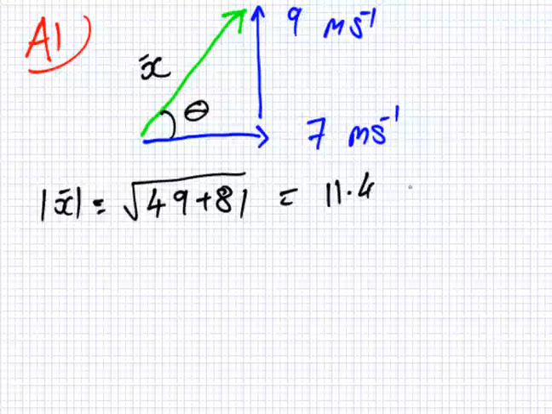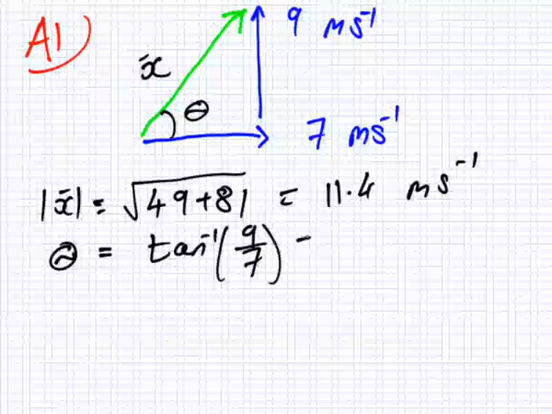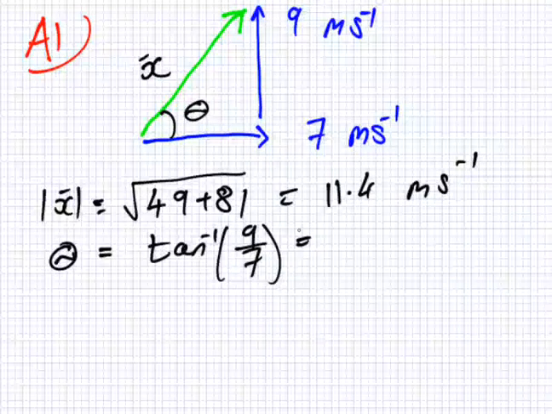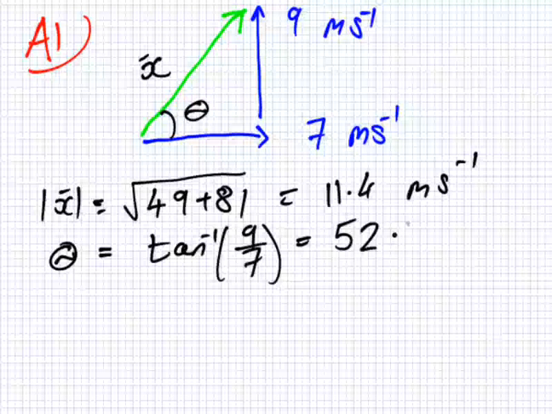So the magnitude, if I call this vector x, the magnitude of x will equal square root, yes? Question? How are you calling this? Yes. Square root of 49 plus 81, which is 11.4 meters per second.